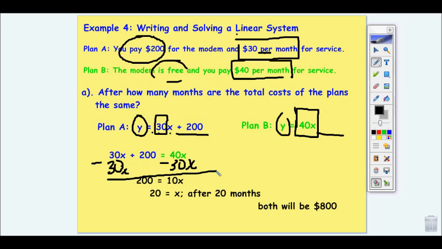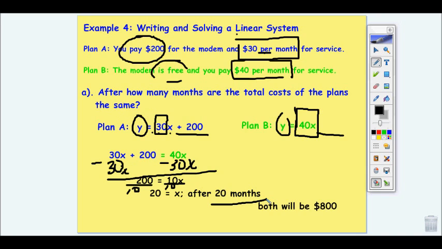Then here we would need to divide by 10, and you'll see then we get 20 equals x, or they'll be the same after 20 months. And how much they would cost is going to be $800 because we put the months in there. So 30 times 20 is 600 plus 200 would equal 800. And in Plan B, 40 times 20 would also equal 800.